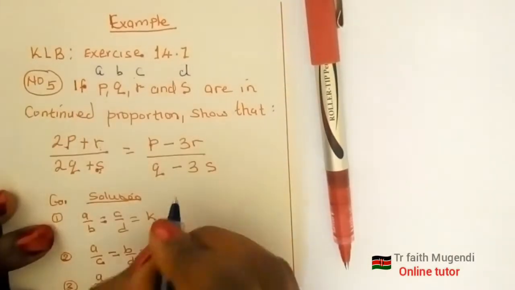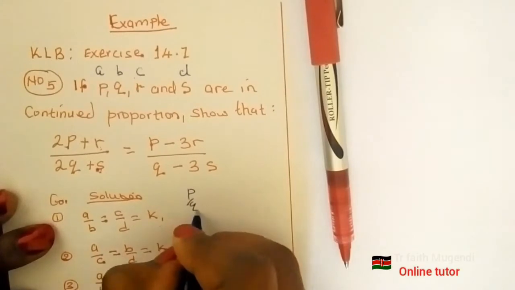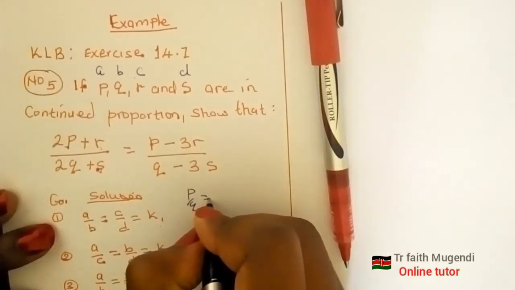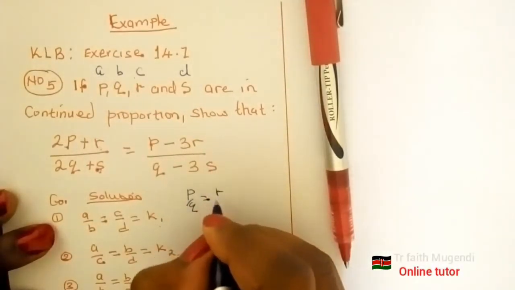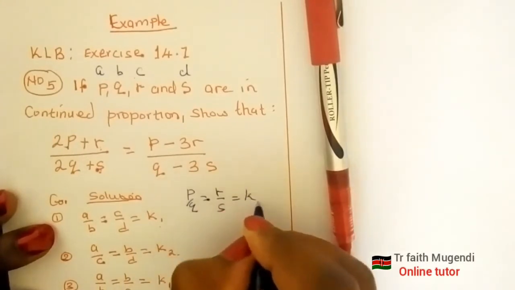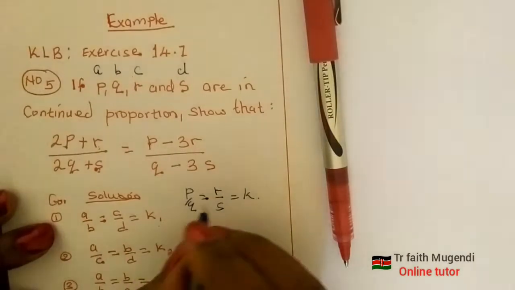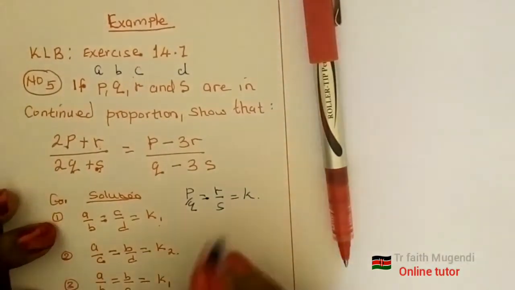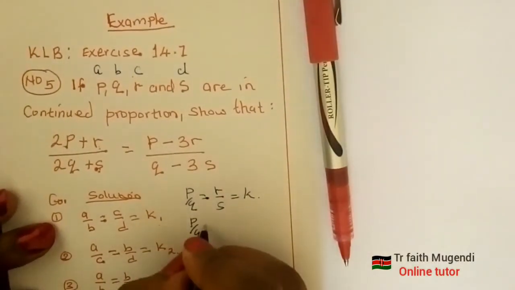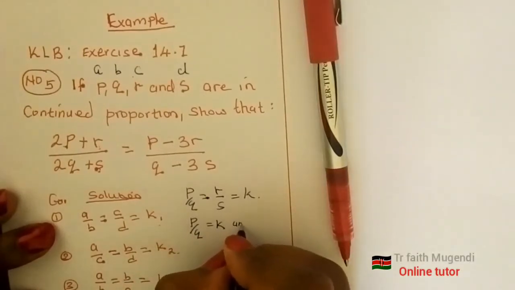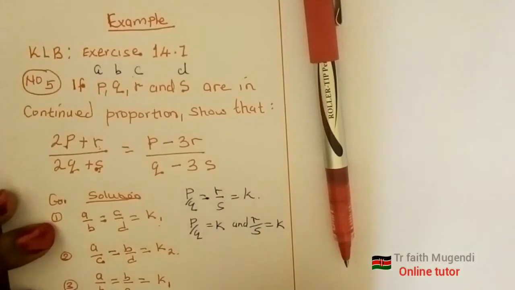PQ is equal to RS, which is equal to a certain constant. Now, if both are equal to K, then it means that P over Q is equal to K, and R over S is equal to K too.